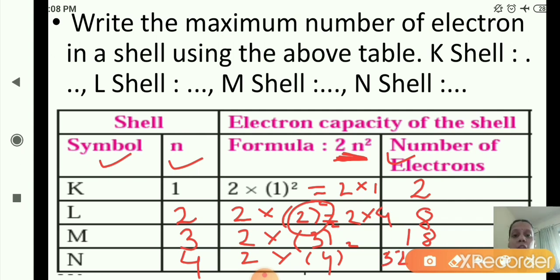The shell which is closest to the nucleus is called the first shell. We have seen atomic structure. So which is closest to the nucleus? K shell, right? So K shell means n is equal to 1. First shell is K shell, second shell is L shell, third shell is M shell and the fourth shell is N shell, and so on.